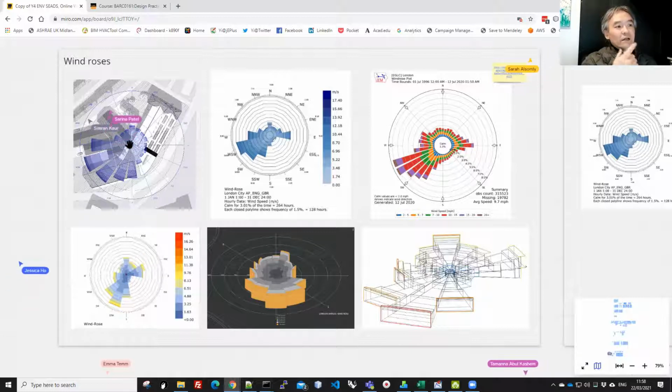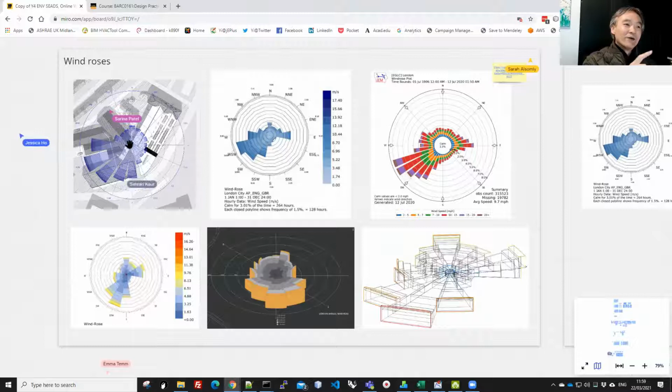But it does cause a potential issue, because when you overlay that chart on top of a building, it implies that the data is coming from that particular location, which cannot be true, because all this weather data comes from either an airport or somewhere where there is a weather station. So it's not exactly located here.